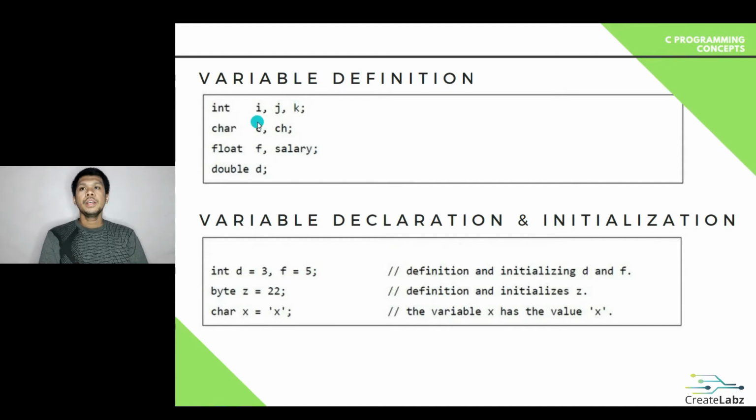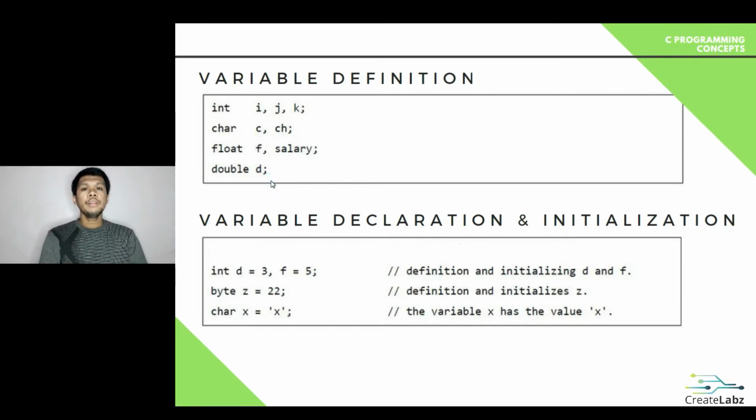For example, int i, j, k; this means that i, j, and k are all integers. Char c, ch; means that both c and ch are char. Float f, salary; means f and salary are floats. Double d means d is a double.